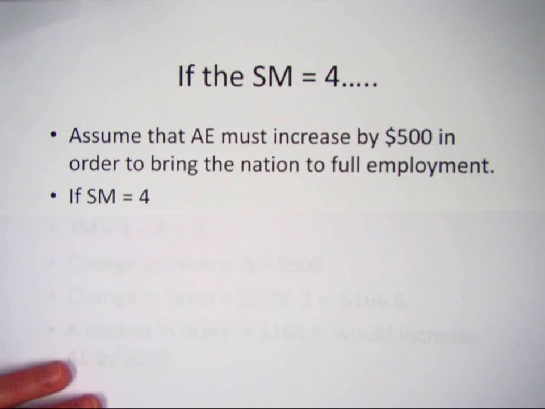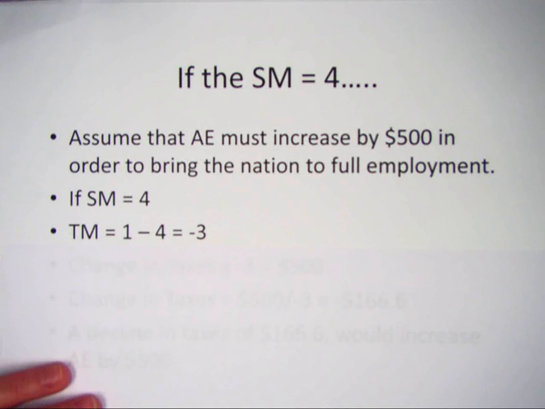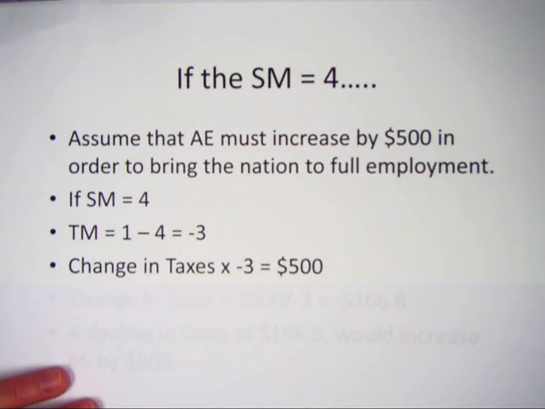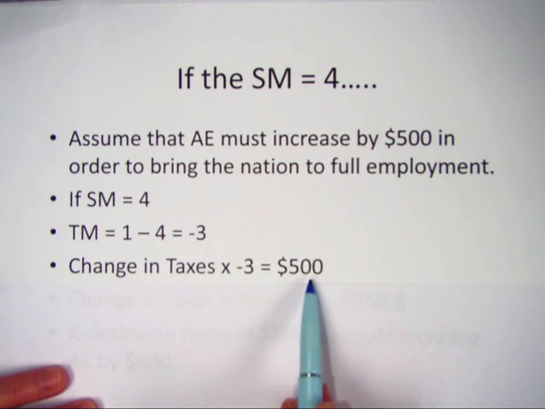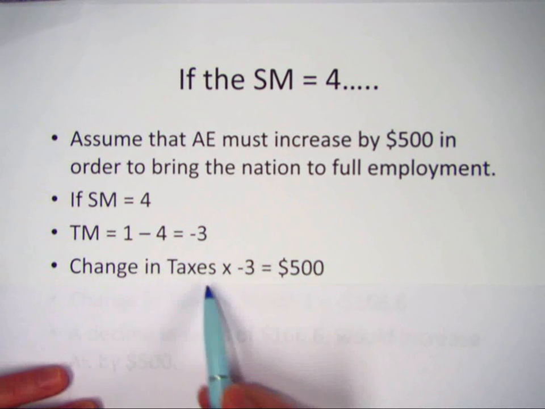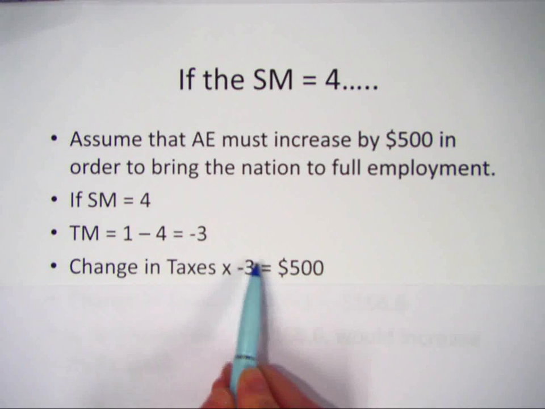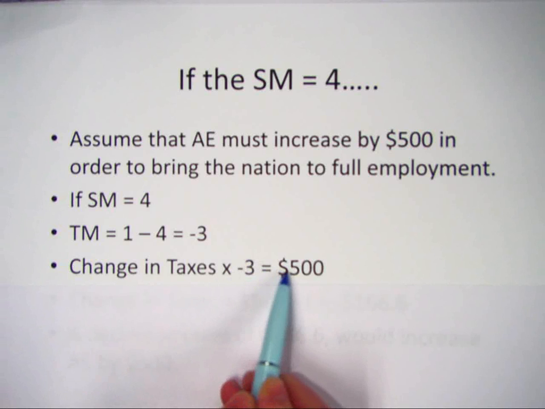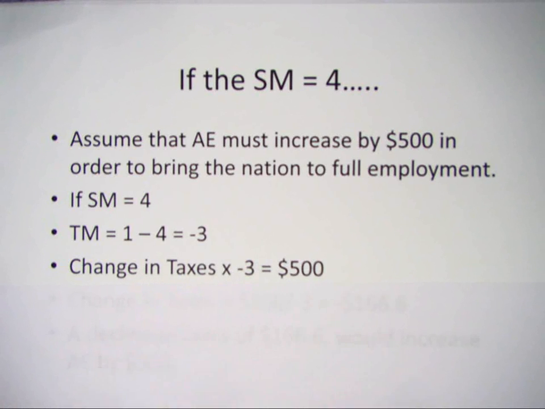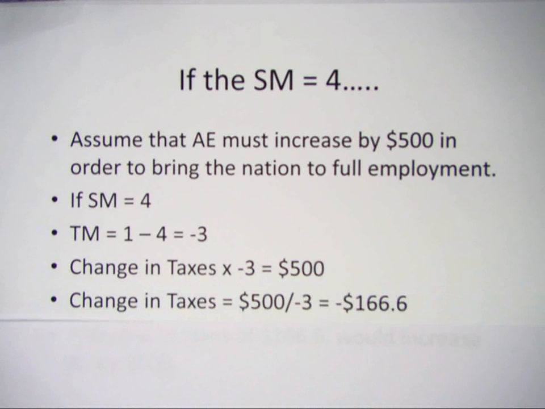Spending multiplier is 4, therefore the tax multiplier is minus 3. 1 minus the spending multiplier gives us minus 3. The change in taxes necessary to accommodate this $500 increase in aggregate expenditures is what we're solving for. Change in taxes times the tax multiplier of minus 3. We need to figure out what that is to get the $500 increase in aggregate expenditures.